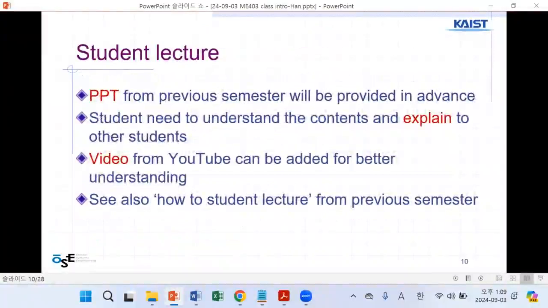Student lecture. I will also give you a separate explanation of how to prepare your lecture. Also, you can see the videos from last year, to see how students lectured instead of me. So the PPT from the previous semester will be provided in advance, probably by myself. And students need to understand the contents and then explain.